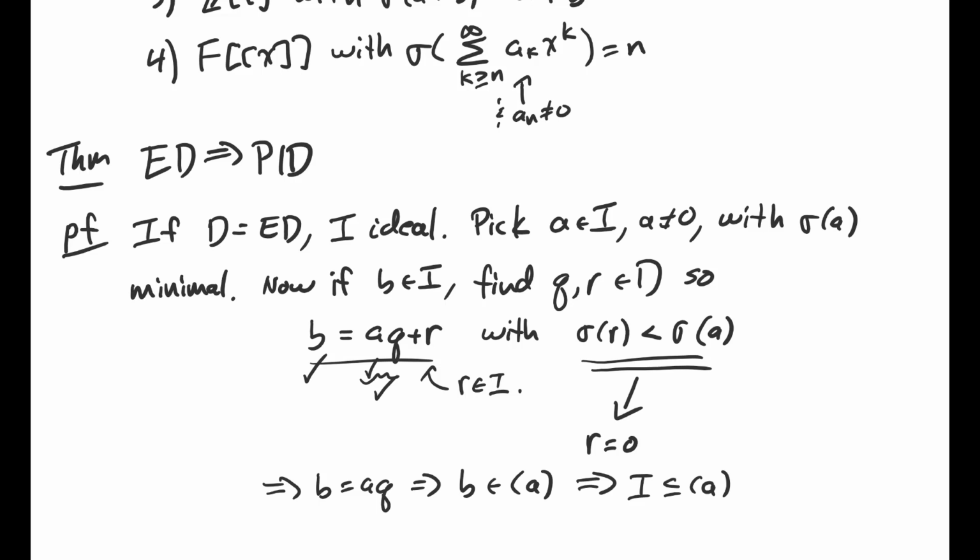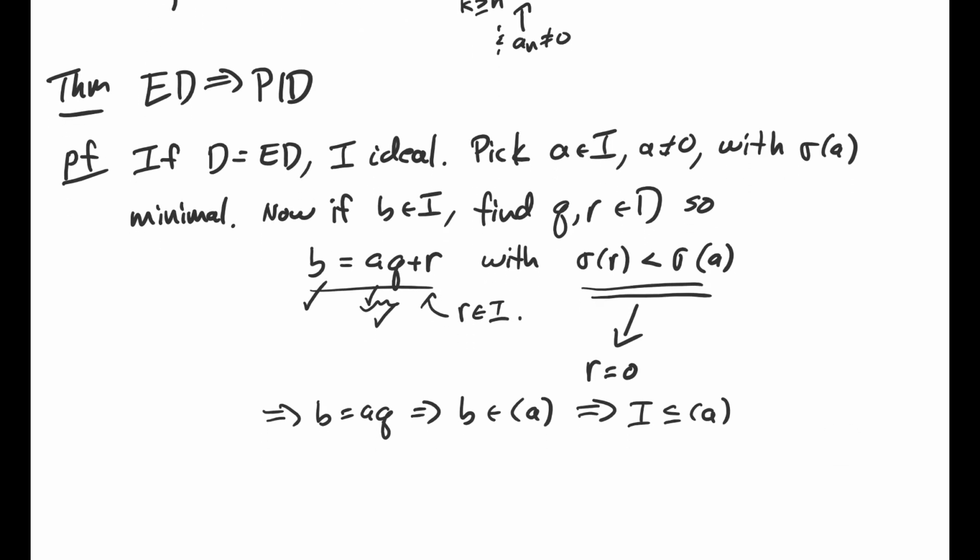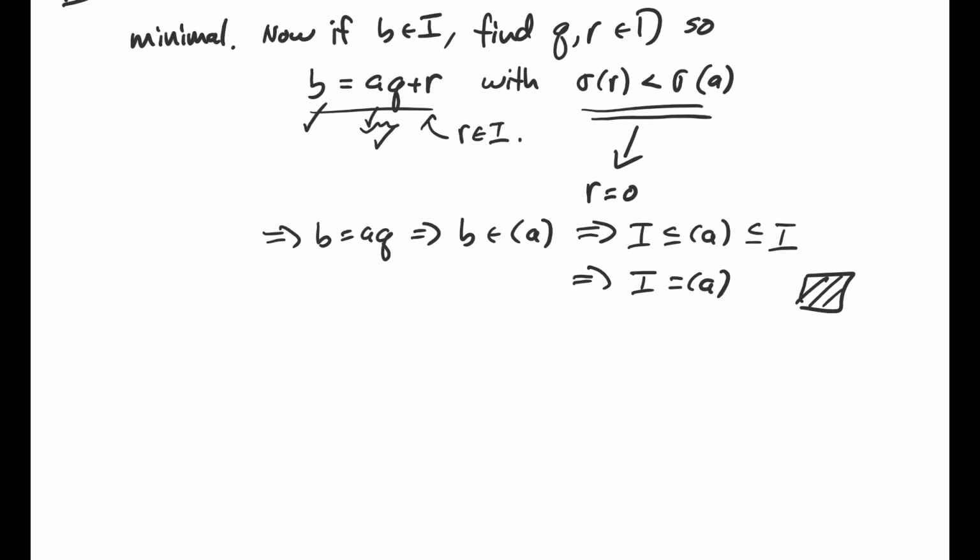All right, well, if R is 0, then B is just AQ, which means B is in the ideal generated by A, which means since B was arbitrary, everything in I is contained in (A). But of course, A itself was an element of I, so (A) is contained in I, and altogether, that means I is (A), so I is principal, and that's the end of the proof.